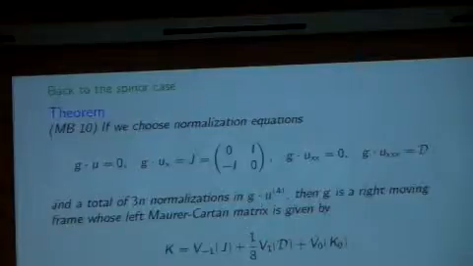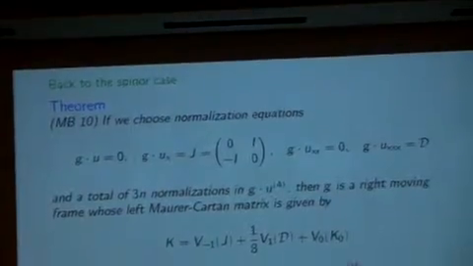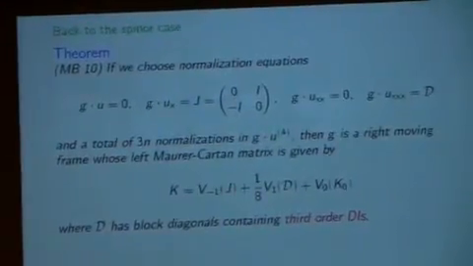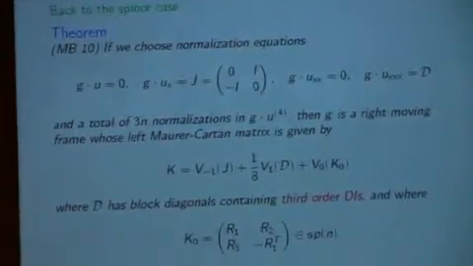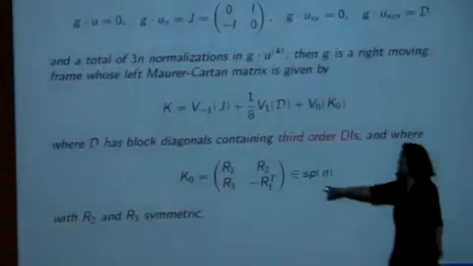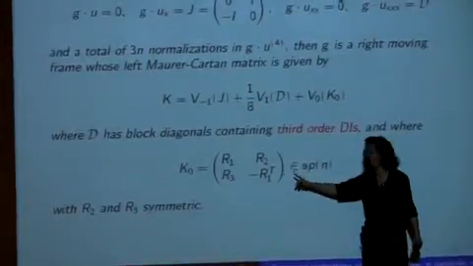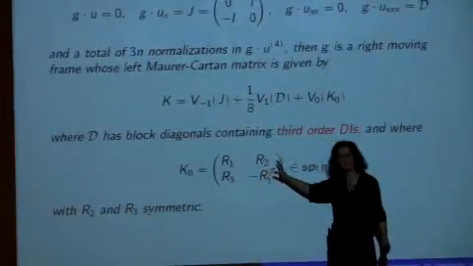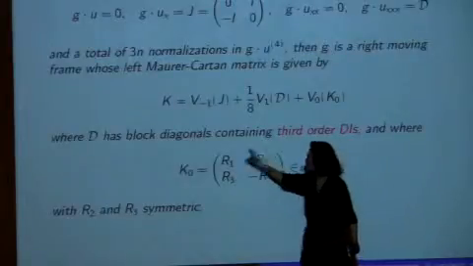It looks like this. The -1 element is the symplectic metric. The +1 element is 1/8 of that D, the third order ones. And here I get another matrix. D is block diagonal, but I'll talk about D in a minute. In this case, it's a symplectic matrix, and it actually carries a lot more importance than I thought at the beginning.